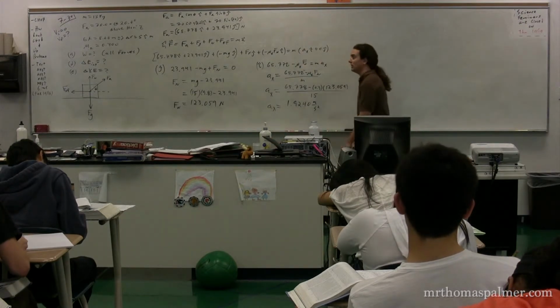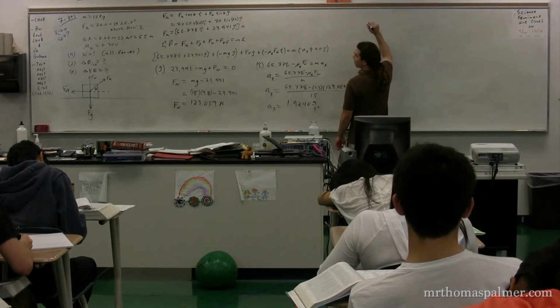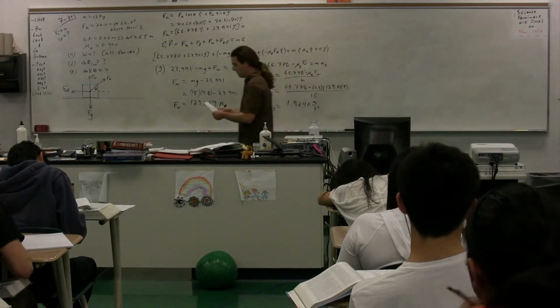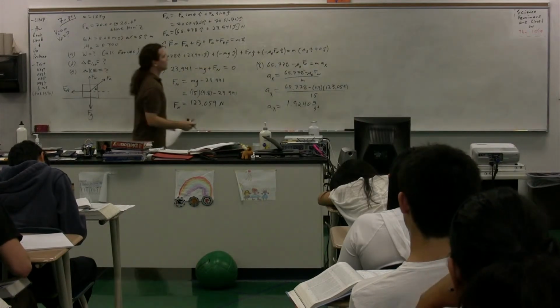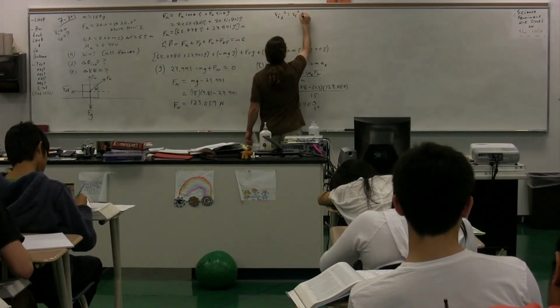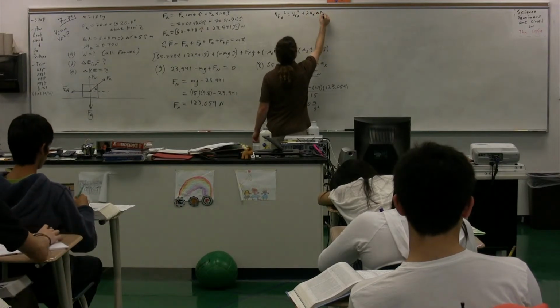Now, if you look, we can use uniformly accelerated motion. What are we looking for? The final velocity. We have the acceleration, and we have the change of position. So we could say the final velocity in the x direction squared equals the initial velocity in the x direction squared plus 2 times the acceleration in the x direction times the displacement in the x direction.